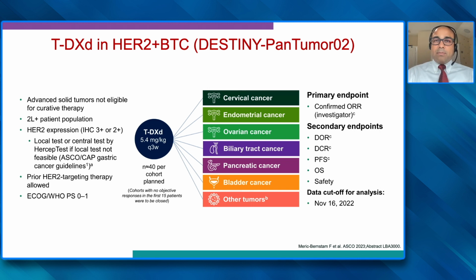And you can see that the majority of these are GYN cancers, cervical, endometrial, ovarian tumors, which have a high degree of HER2 amplification. But there were also biliary and pancreatic cancers that were included from the GI perspective. All of these patients got the 5.4 milligram per kg dose of trastuzumab deruxtecan with a primary endpoint of confirmed objective response rate.